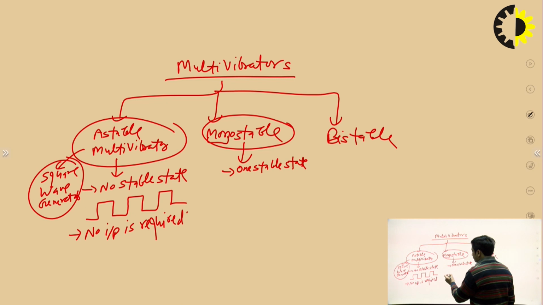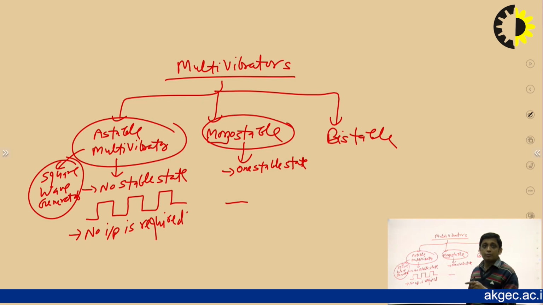For example, since in monostable there is only one stable state, let's say logic 0 is the stable state. Then when we apply the trigger input to the monostable multivibrator, the output changes from logic 0 to logic 1, and it remains in logic 1 for a particular time duration, and after that automatically it comes from high to low, and this duration is t.